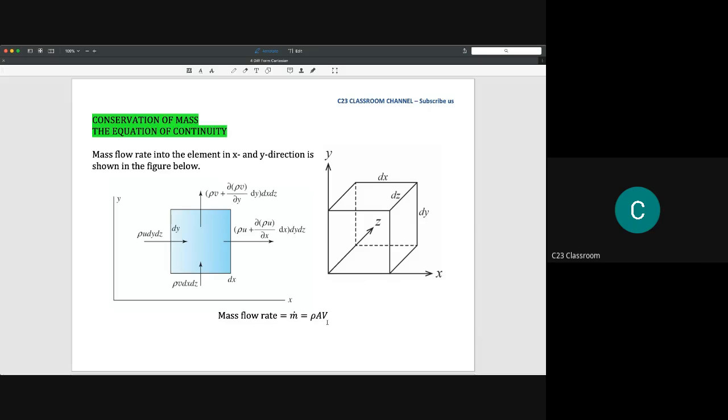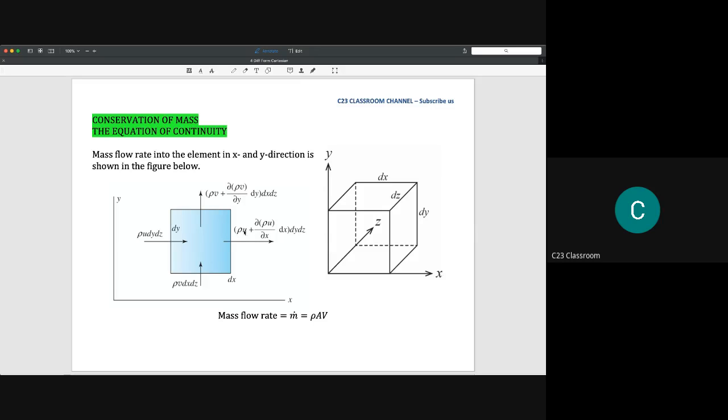We could have constant density and changes in velocity, or constant velocity but changes in density, or both conditions, meaning density and velocity keep changing. That's why we write rho and u using the partial differential.